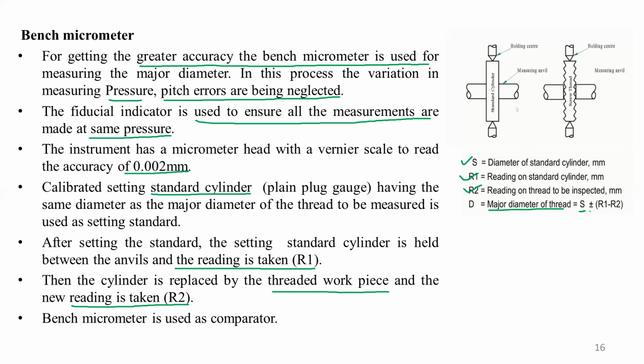A plus or minus can be considered depending upon the size of the standard cylinder, whether it is smaller than the size of the major diameter or larger than the size of the screw thread major diameter.